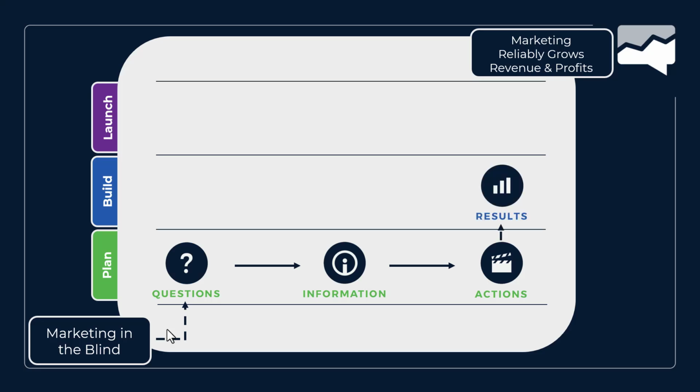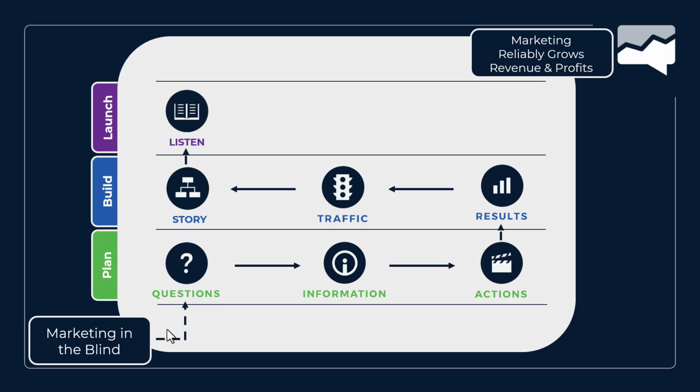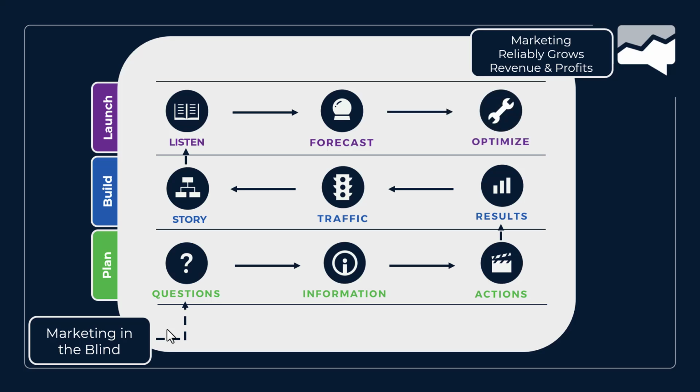Build is about taking your results, your traffic, and having it tell you a story. And then finally, launch is about listening to that story. What is that story telling us, right? But then forecasting what we think that story is going to tell us tomorrow or next week or next month, depending on how far you can forecast, and then optimizing that story. Learn more about this at measurementmarketing.io. Alrighty, let's dive in.